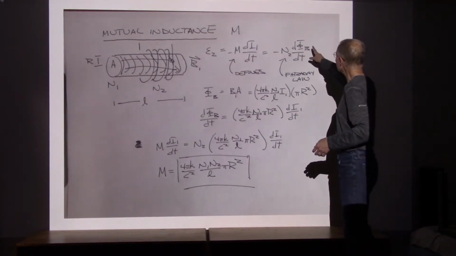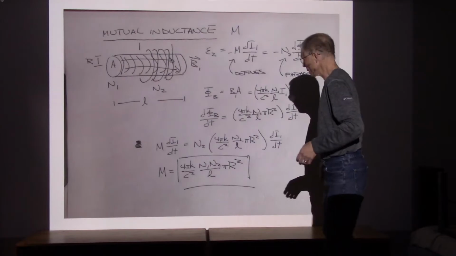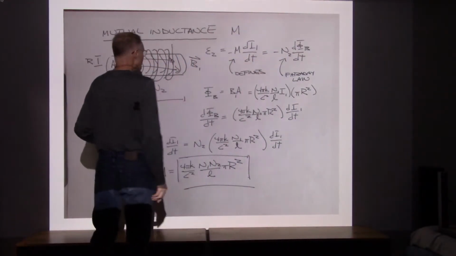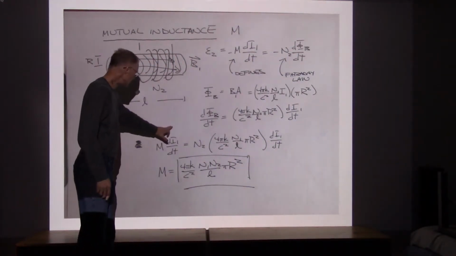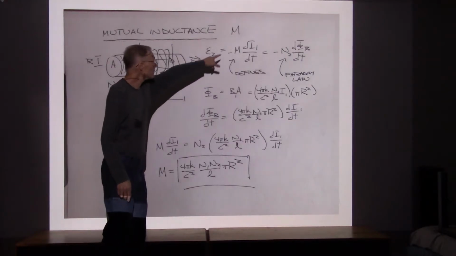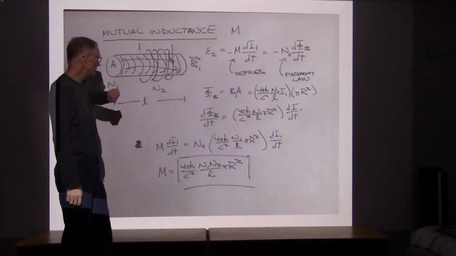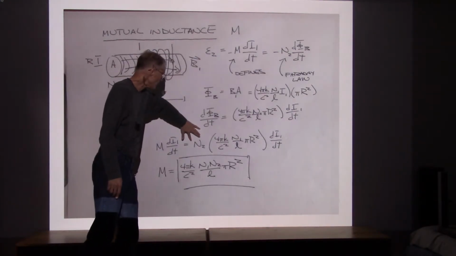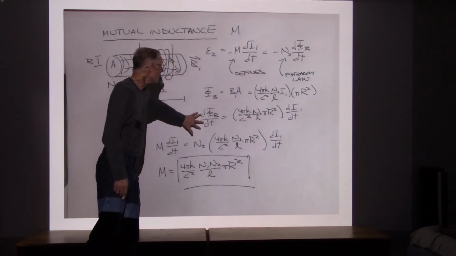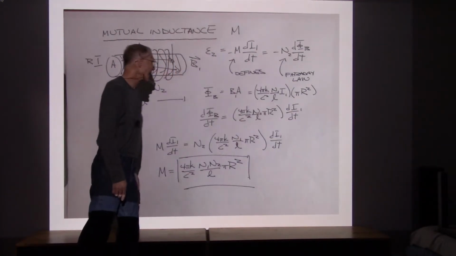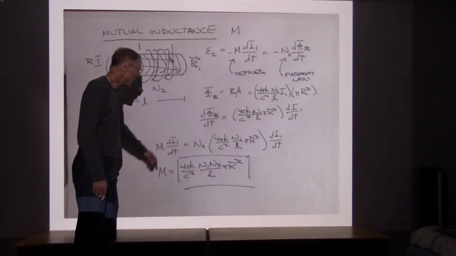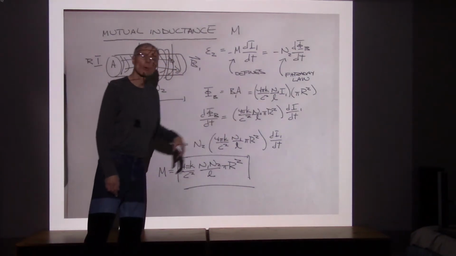Now looking back up to the formula, we can say that M dI1 dt needs to be equal to N2 d phi over dt. So here's my N2, and for the d flux dt, I'm going to put that whole package in, and the dI1 dt's go away.